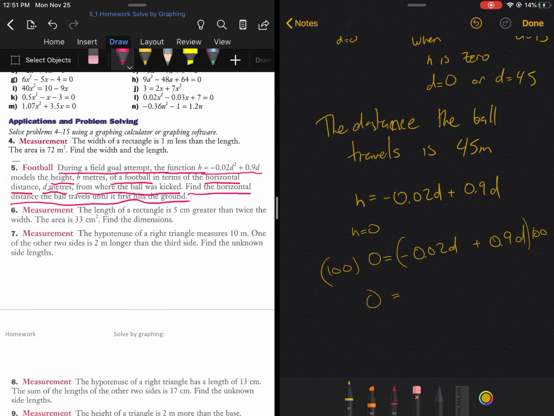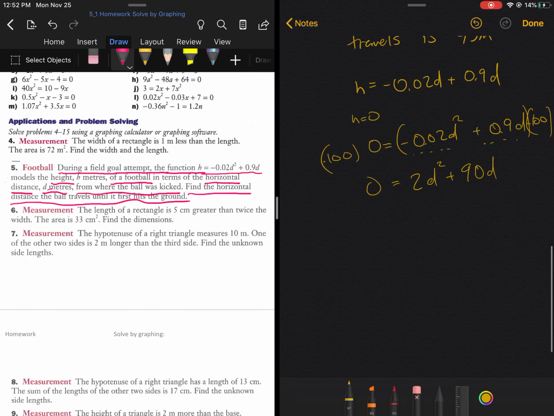What's 0 times 100? 0. Let's multiply by negative 100. That still becomes 0. Let's flip the signs. This becomes positive, and this becomes negative. Multiplied by 100, 2d squared plus 90d.